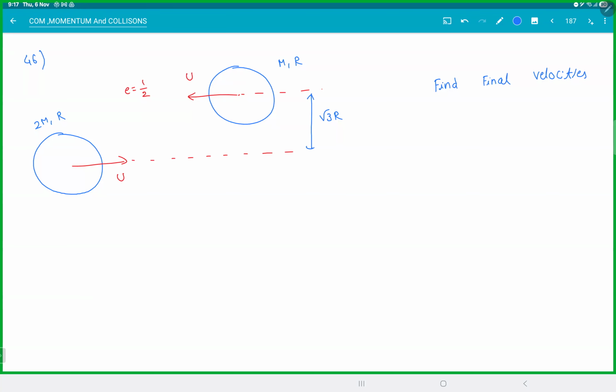The important thing is to get the angles. Try. I'll give 2-3 minutes. Same as the previous one, just the angles are different, masses are different, and E is equal to half. So a little more working. Give it a try and get some water and come.